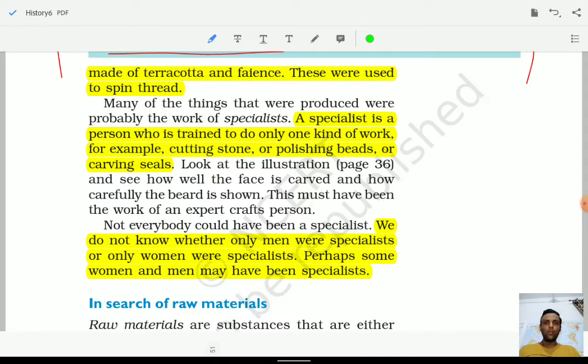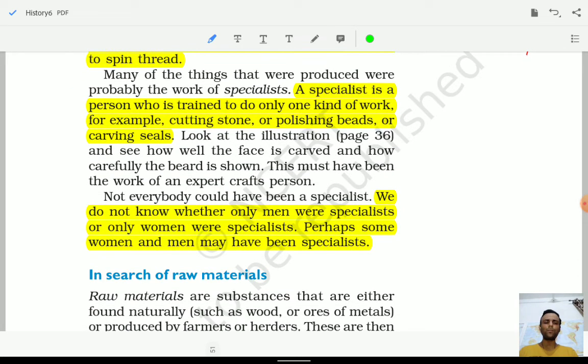A specialist is a person who is trained to do only one kind of work, for example, cutting stone, polishing beads or carving seals. So probably there were different types of people who used to live in Harappa, and it is referring to them. Who were the specialists for what type of work? The work must have been divided among them.